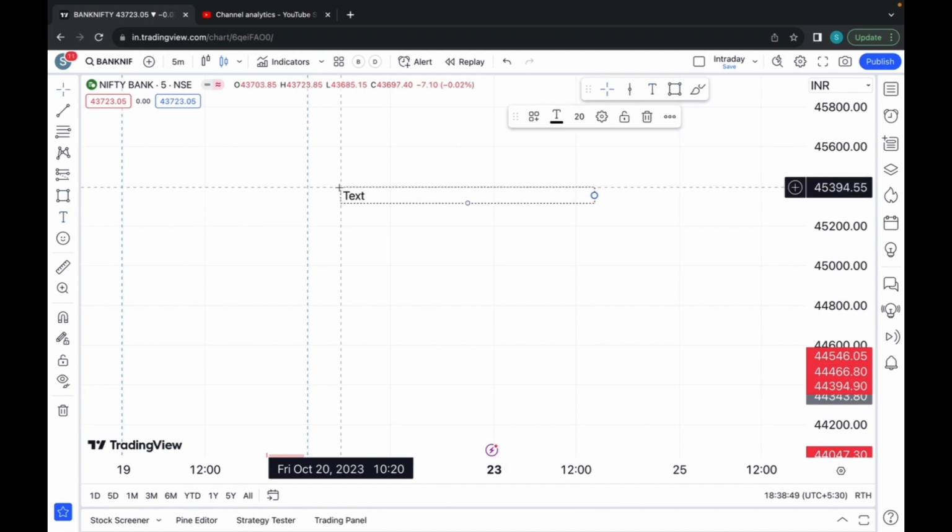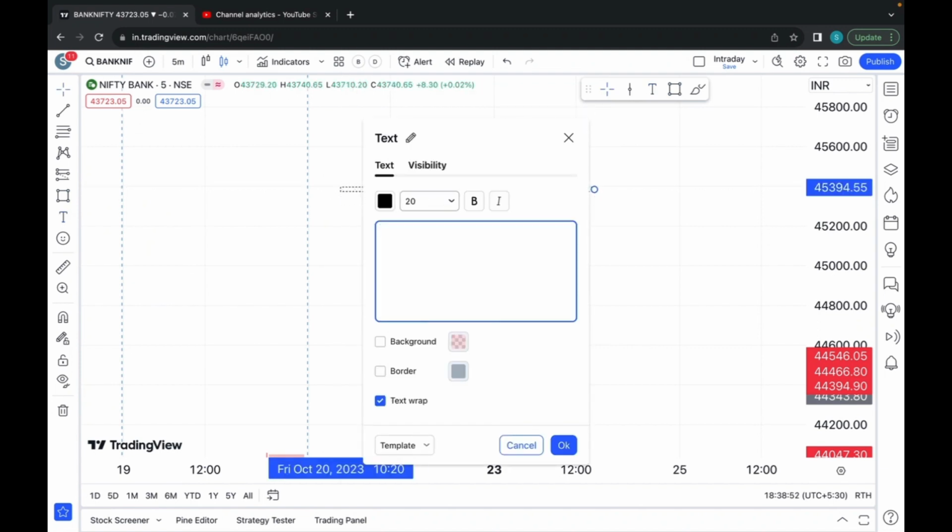In order to learn the candlestick pattern called hammer, before that you need to know the terminology called umbrella line.